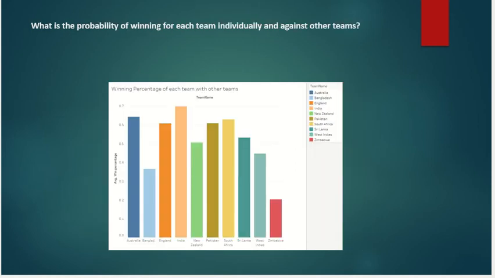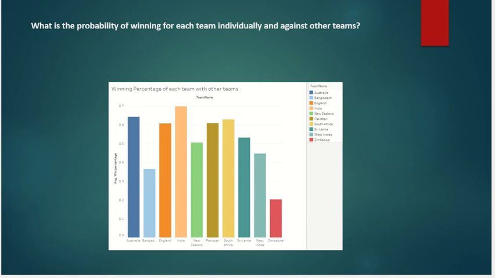The next research question is about the probability of winning for each team individually and against other teams. To address this, I have used a drill down chart and the team stats table as the data source. Here, the columns or bars represent the percentage of winning for the team.